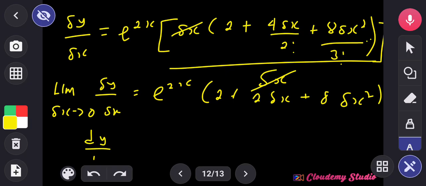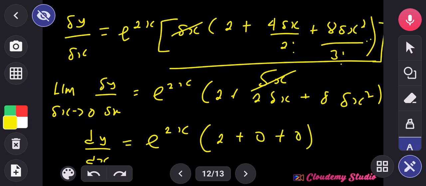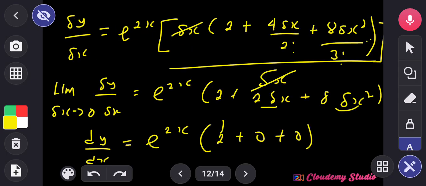Dy upon dx equals exponential 2x into bracket 2 plus 0 plus 0, because 2 multiplied by 0 equals 0 and 8 multiplied by 0 equals 0. That will give us dy upon dx equals 2 exponential 2x. That's our answer for this particular one.